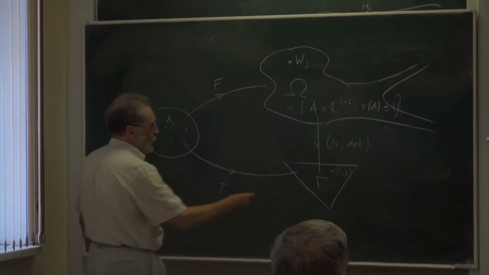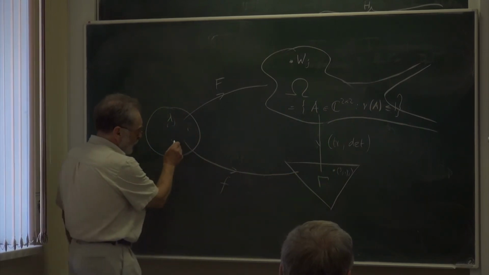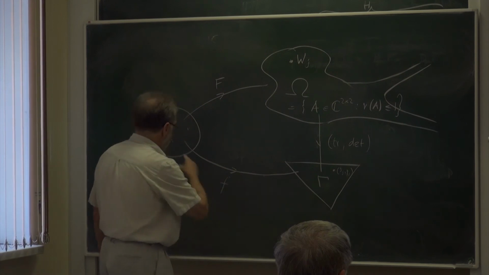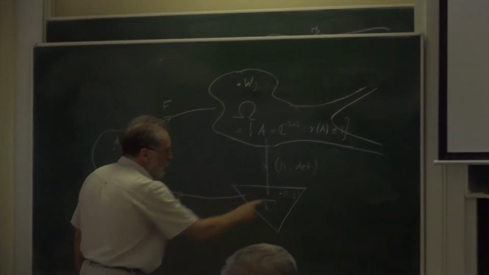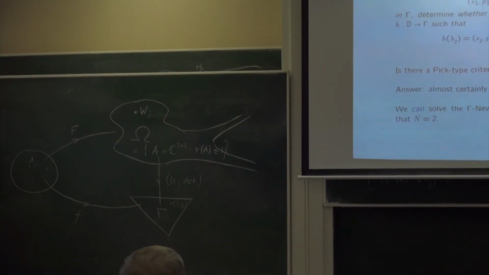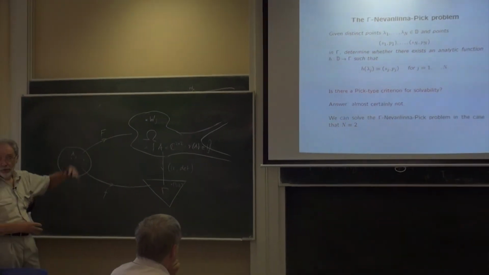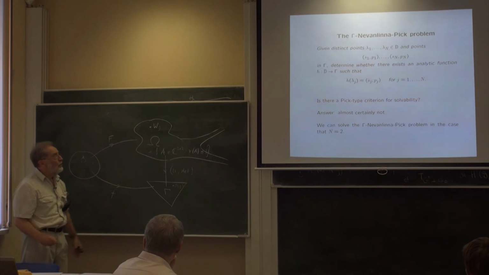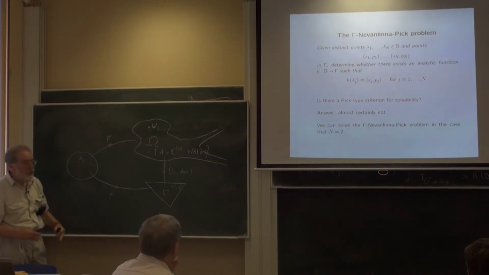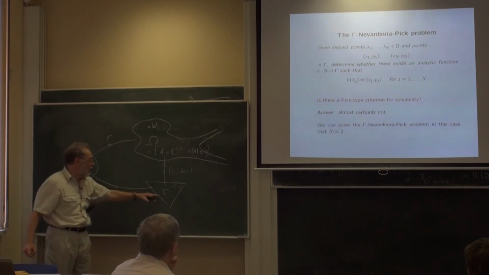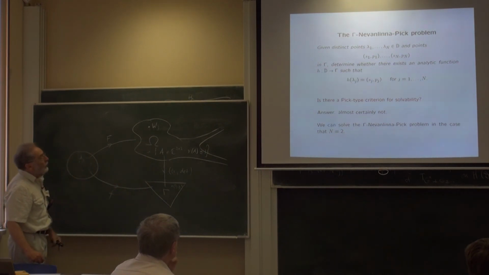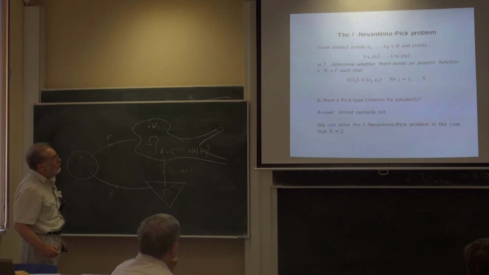You've got some target points down here, and you want to construct an analytic map from the disk into gamma that maps these points to these points. And if you can do that, then you can always lift it up to a solution of your original problem. So that seems like some progress, because this gamma is a much nicer set to deal with than this huge set omega up here.